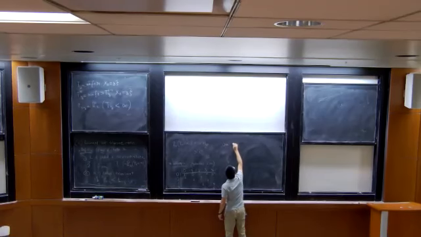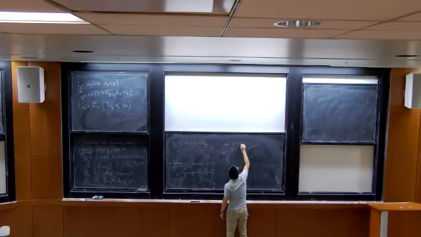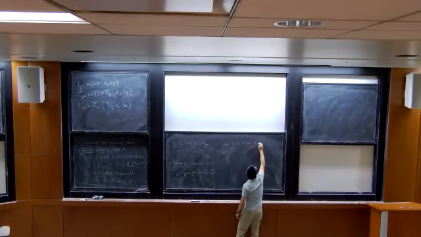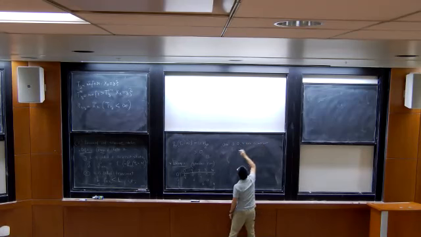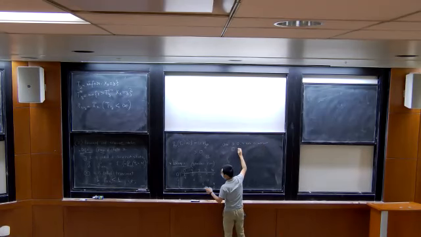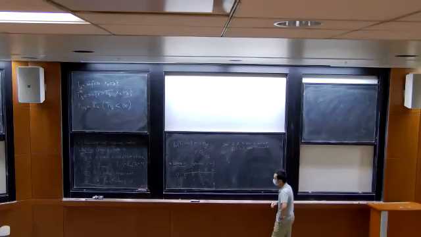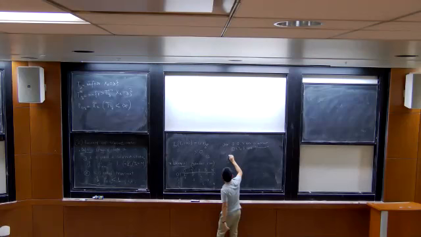Claim number 1: 0 and 4 are recurrent, and the three states 1, 2, and 3 are transient. Let me give a quick sketch of the proof.